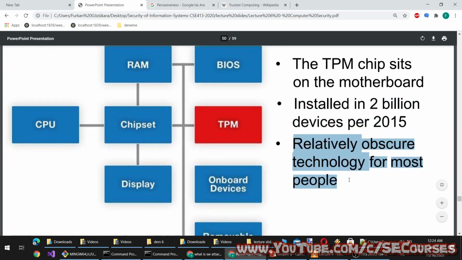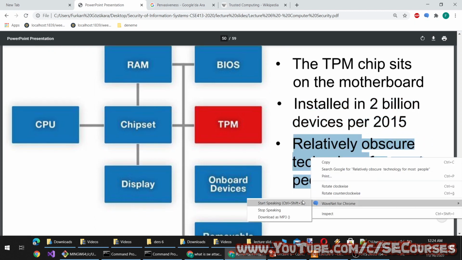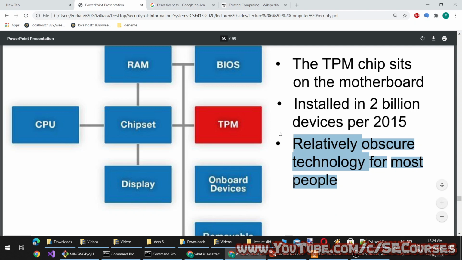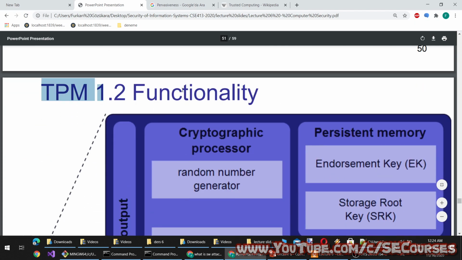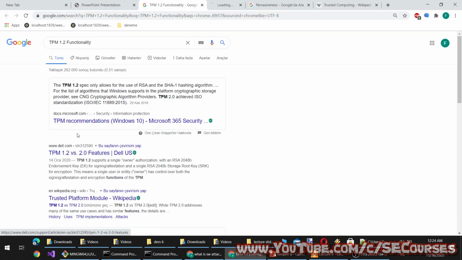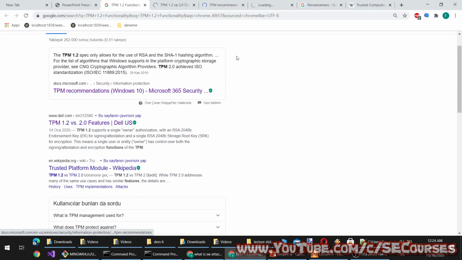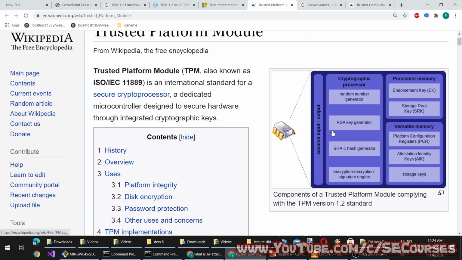Installed in 2 billion devices as of 2015. Relatively obscure technology for most people. So there is TPM functionality. I think it was on Wikipedia as well. Okay, here.